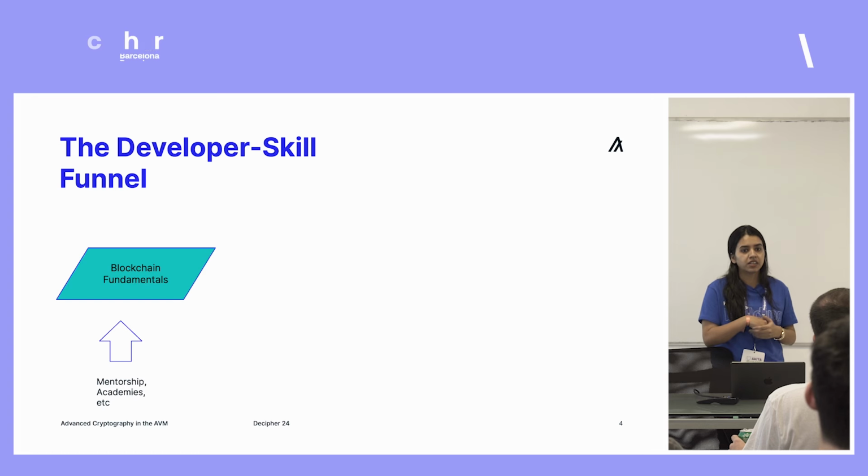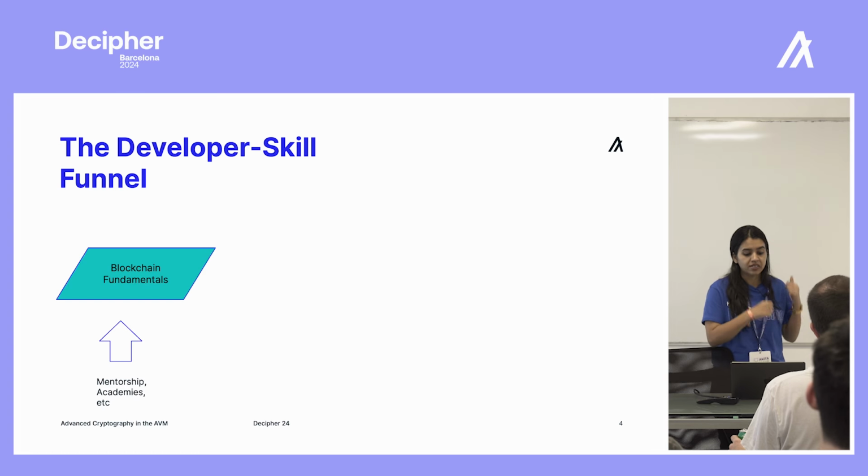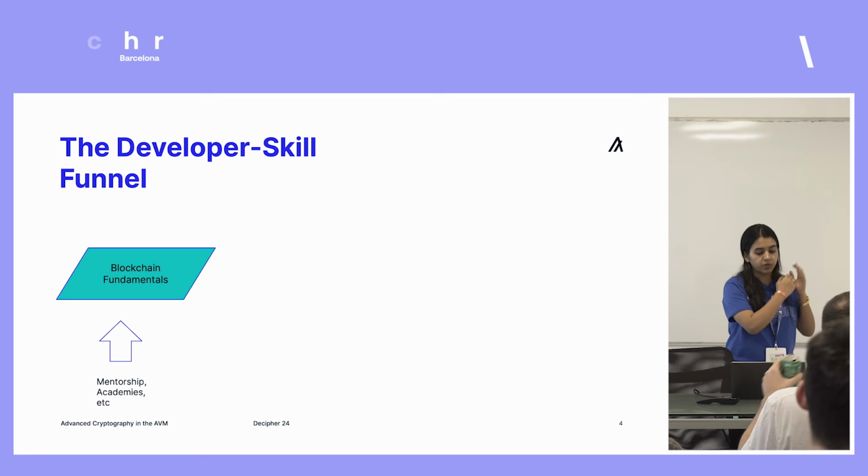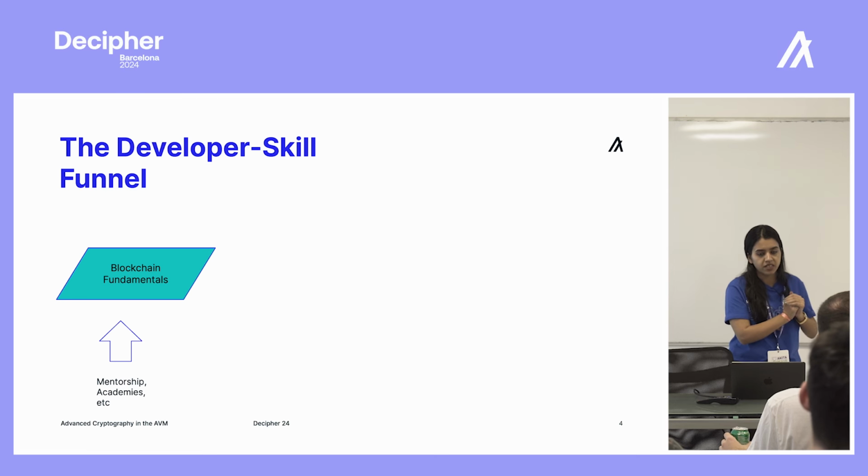So we'll be starting with understanding the developer skill funnel, and we'll be going from left to right. This is basically to understand how we are supporting blockchain developers in upskilling themselves. We first go into the blockchain fundamentals, which are the core concepts.